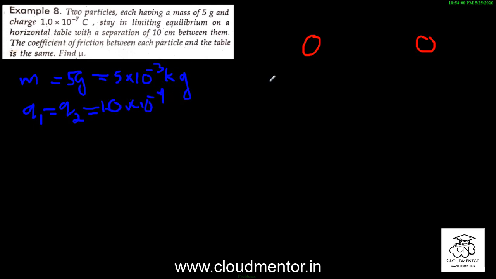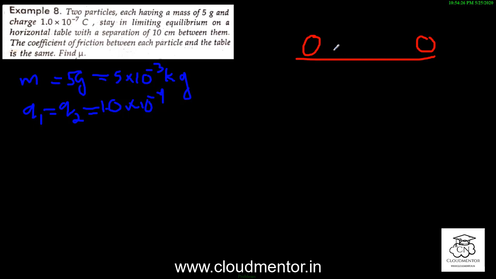So here these two particles are on a horizontal table. Having the same sign of charge, they will repel each other.